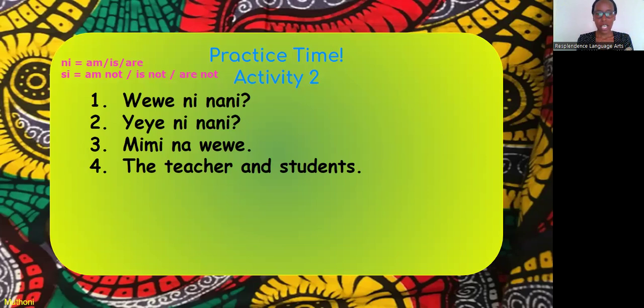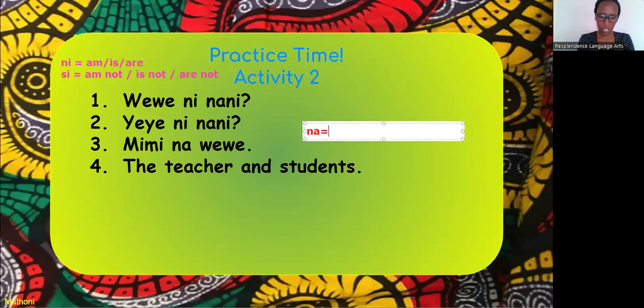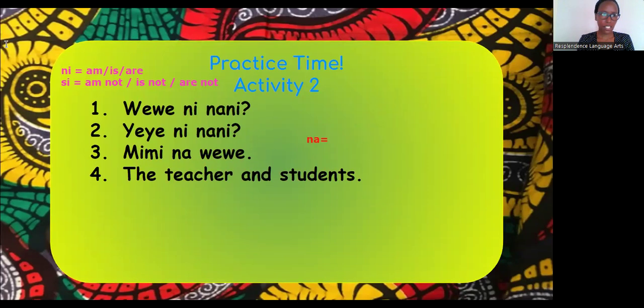So the teacher and students would be mwalimu na wanafunzi. I know I've mentioned this in other videos, but if you haven't checked out our other videos, na is how we say and in Kiswahili. So, mwalimu na wanafunzi.